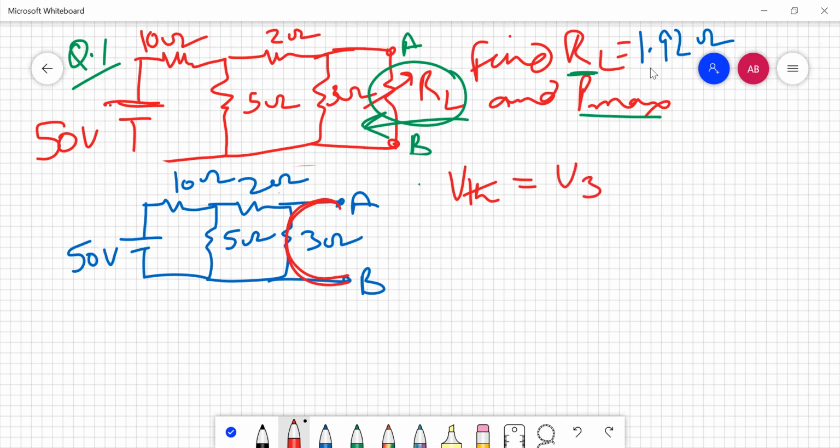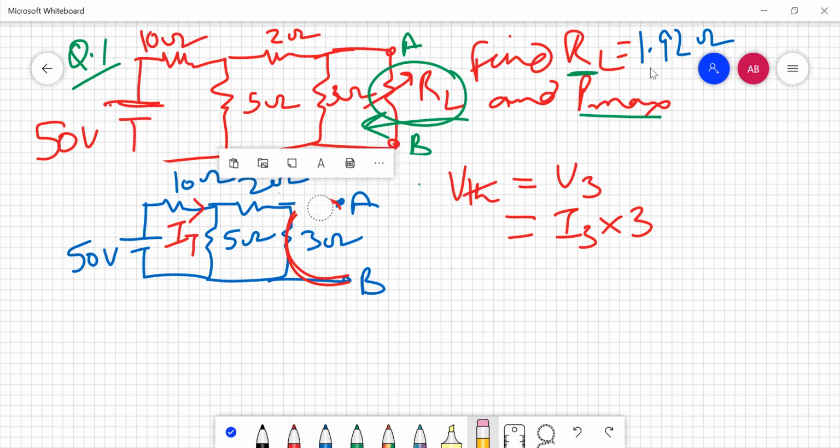Because only the 3 ohm resistor is coming there, we need to calculate the current in our 3 ohm branch multiplied by the 3 ohm resistance. So we will be finding the current in 3 ohms. For that, we need to find the total current here first. After finding this total current, we can divide the current further to know the current in our 3 ohms resistor.